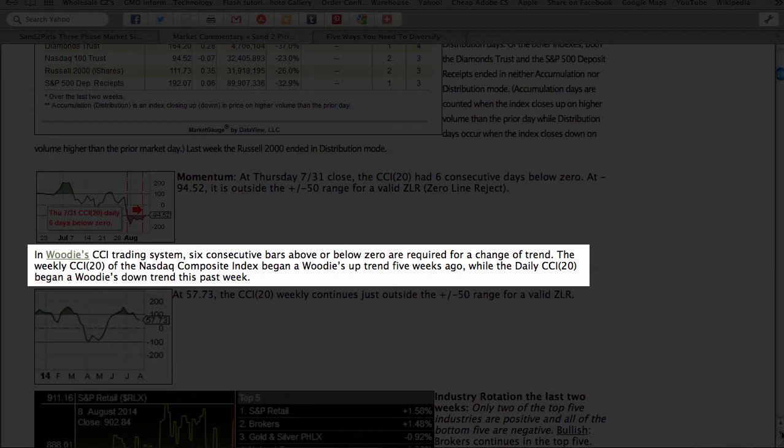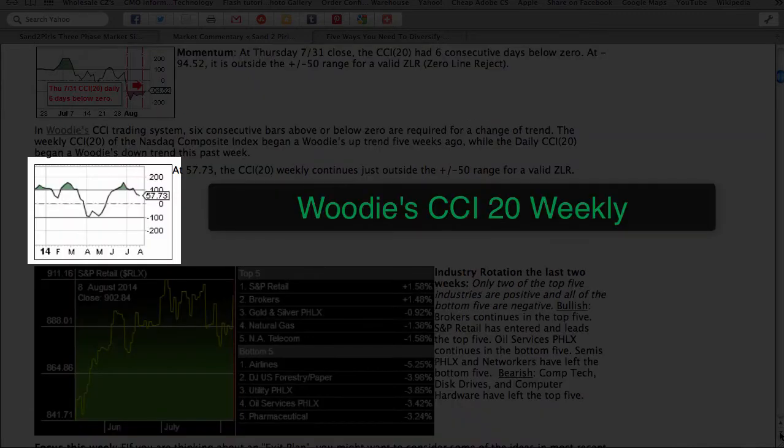The weekly CCI 20 of the Nasdaq Composite Index began a Woody's uptrend 5 weeks ago, while the daily CCI 20 began a Woody's downtrend this past week. At 57.73, the CCI 20 weekly continues just outside the plus or minus 50 range for a valid zero-line reject.